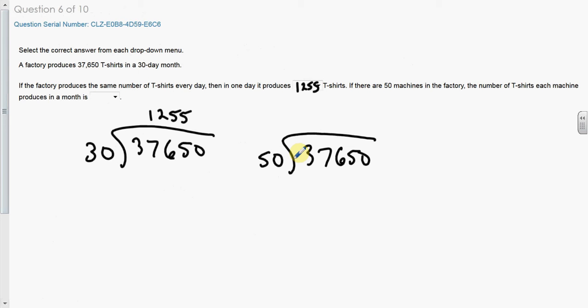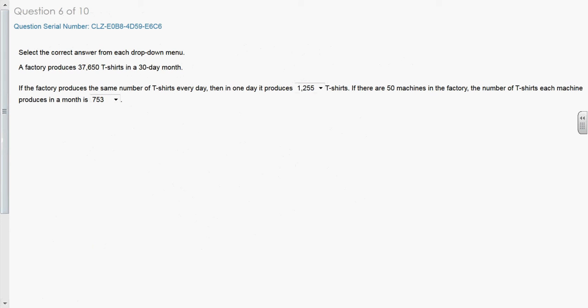In terms of what each machine can produce, when you divide that, you get 753. So each machine can produce 753 t-shirts in a month. Now, let's check our work, and I think we're doing good.